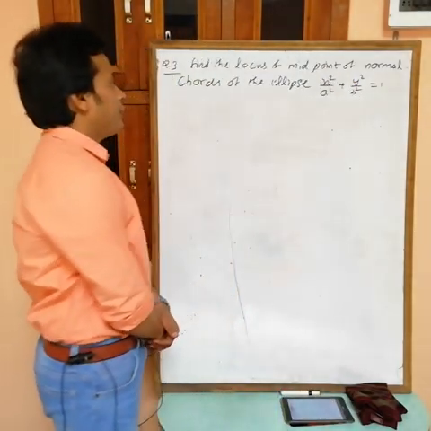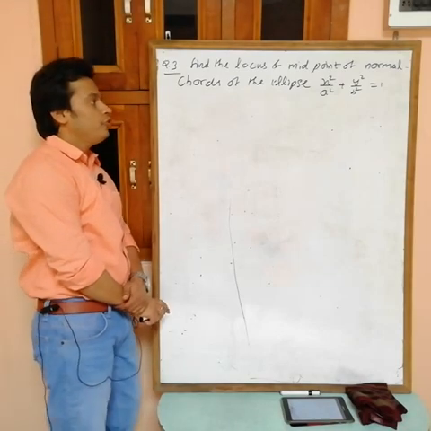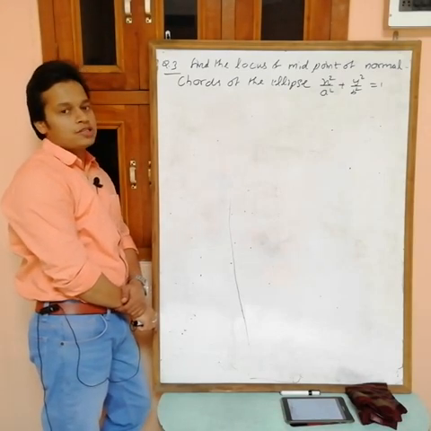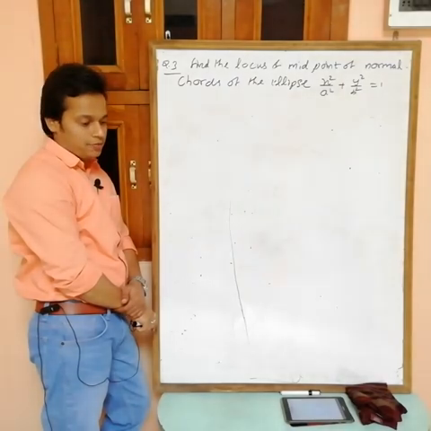So what you want? Find the locus of the midpoint of normal chord of the ellipse x square by a square plus y square by b square equal to 1.